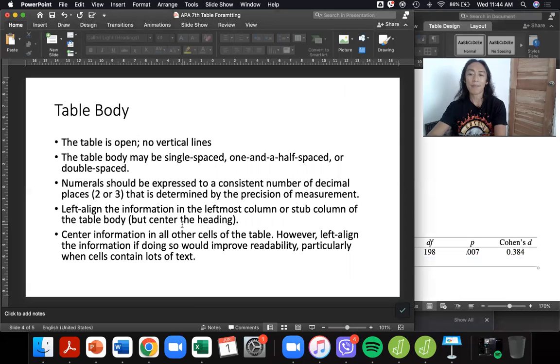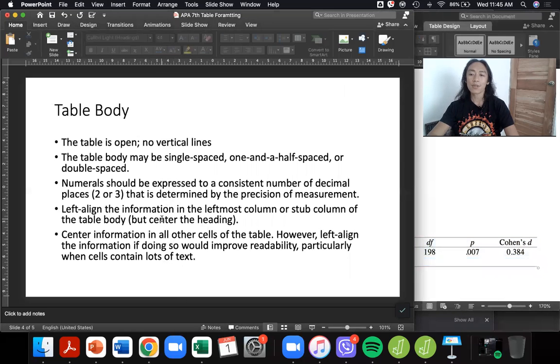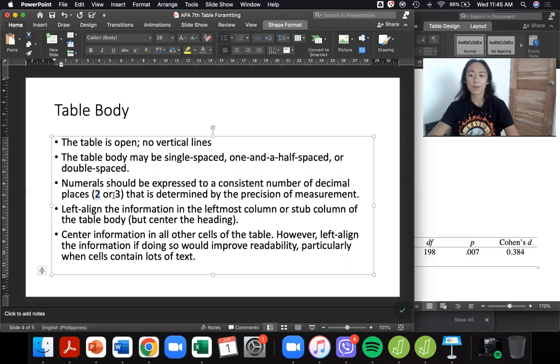The table body may be single spaced, 1.5 spaced, or double spaced, depending on your preference. So in this case, I'm just using a single spaced table. Numerals should be expressed in a consistent number of decimal places. Typically, it's only limited to 2 or 3 decimal places, but whichever you choose, you must be consistent.